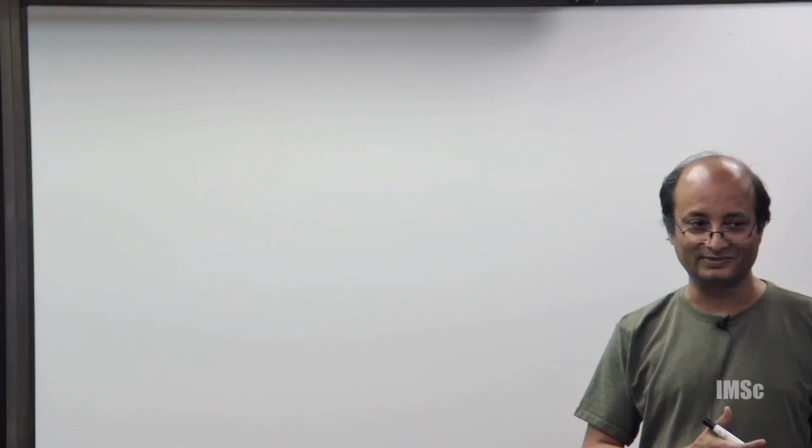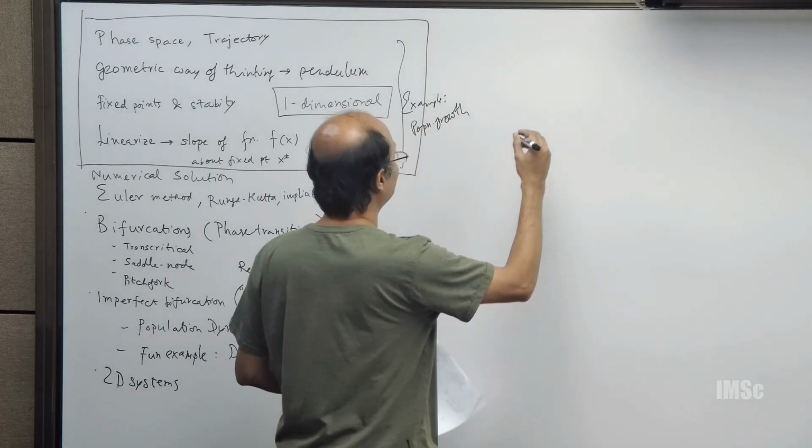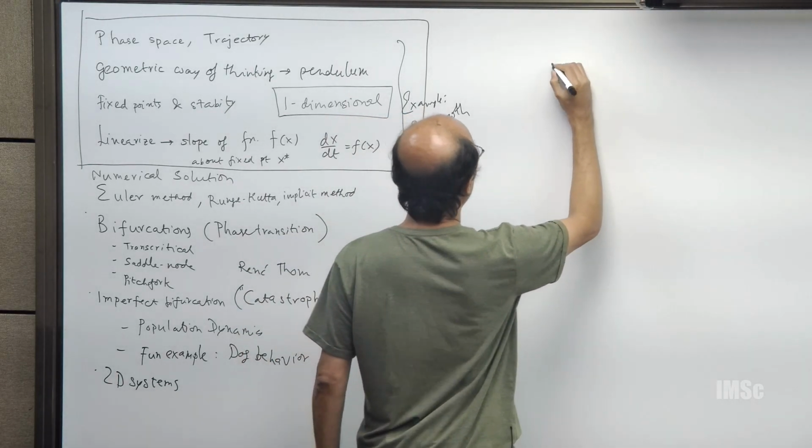So, one can of course write down a dynamical system for which one can define a potential energy, okay. And so then how do we connect dynamical systems theory with physics? Okay. So, it turns out that you can, for example, use Newton's law.